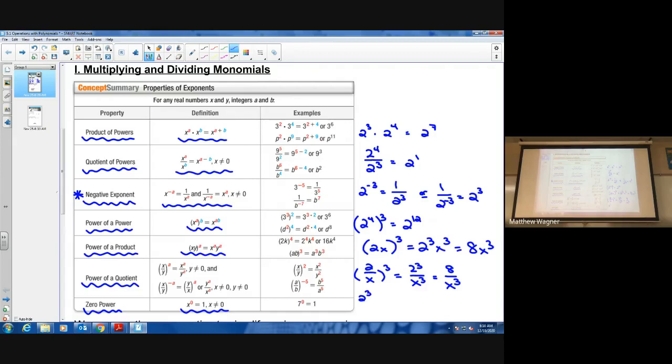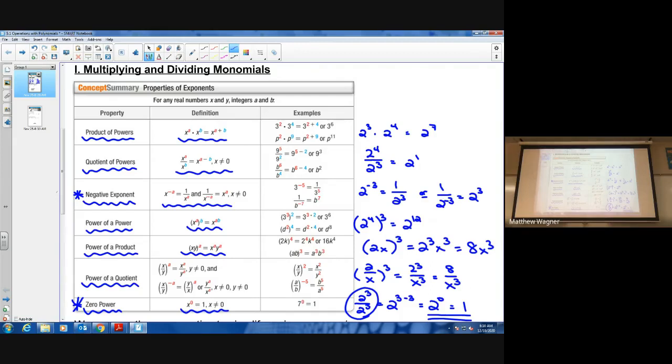So if I do 2 to the third over 2 to the third, that's 2 to the 3 minus 3, which is 2 to the 0. But keep in mind, when you have something divided by itself, what do you always get? 1. Thus, anything to the 0 power is always going to be 1. And that, I think, is a new one for sure as well.